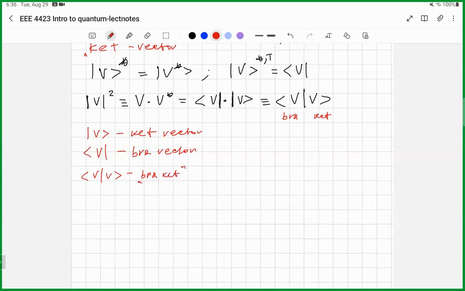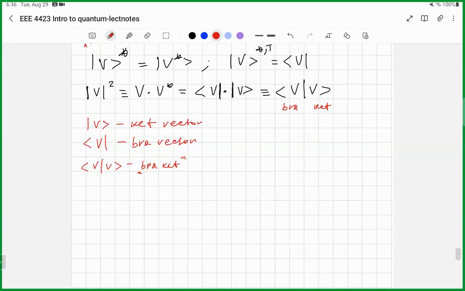And now, obviously, this bracket is a scalar. Oh no, this is just a real-valued scalar, the bracket.